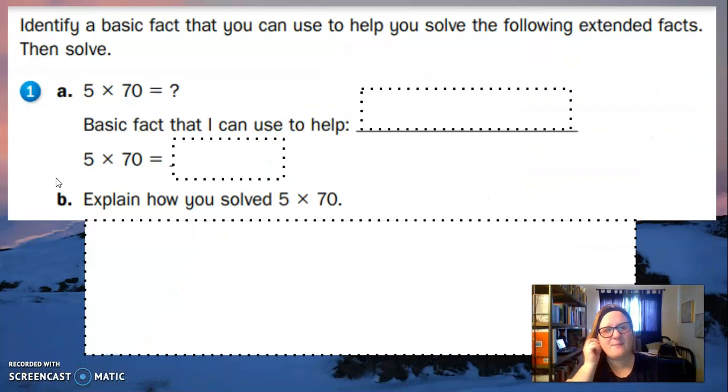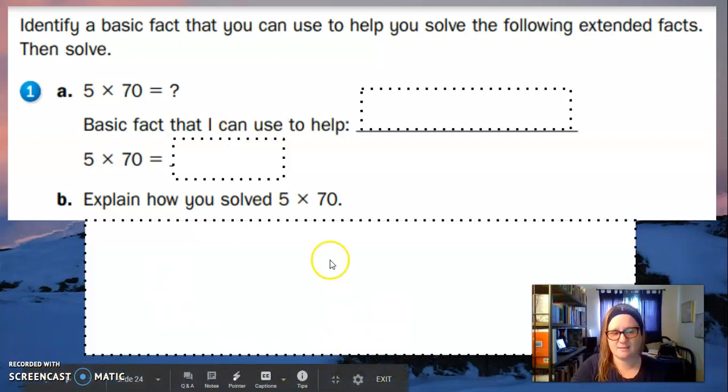So, identify a basic fact that you can use to help solve the following extended facts and then solve. So 5 times 70 equals, the basic fact that I can use to help is 5 times 7. That's what I would expect you to put in that answer. So then my answer, 5 times 70, would be that times 10.